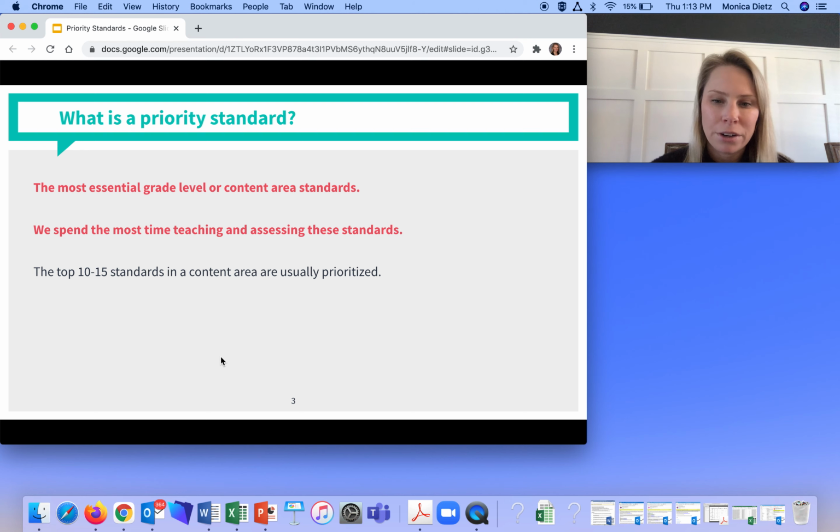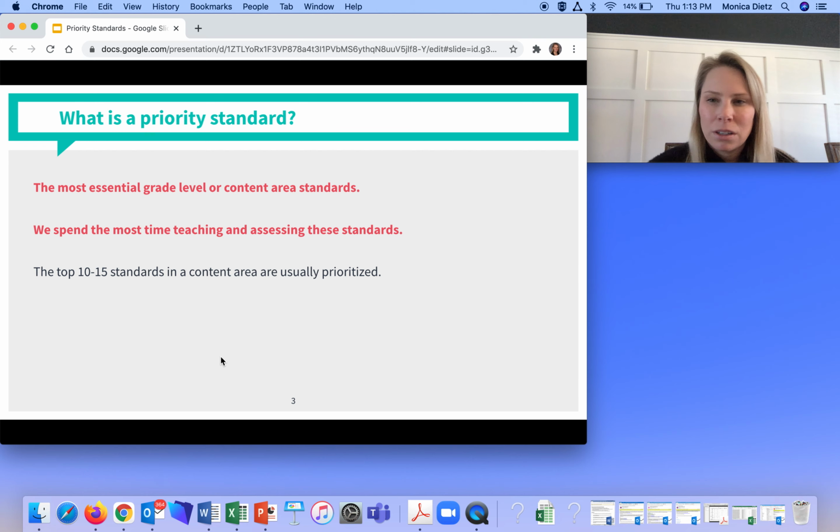A priority standard is the most essential content for a grade level or a content area of study. Of course, we teach all the standards, but in an academic year like this one, where we're navigating a pandemic, we might need to identify some standards that are most important, that are priority standards.